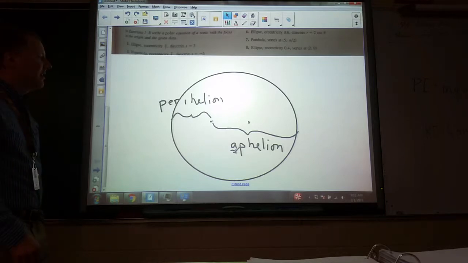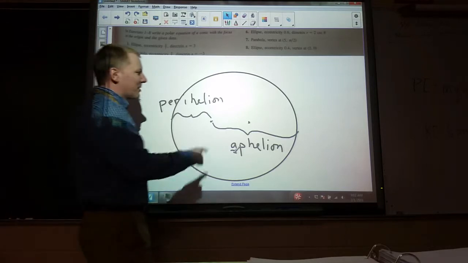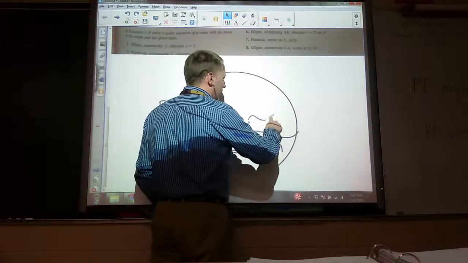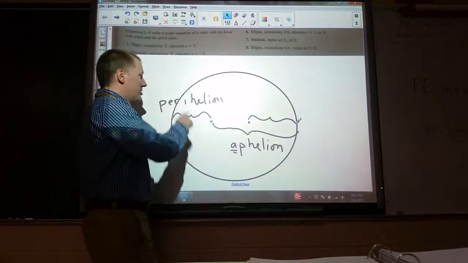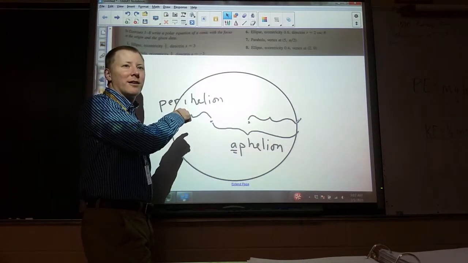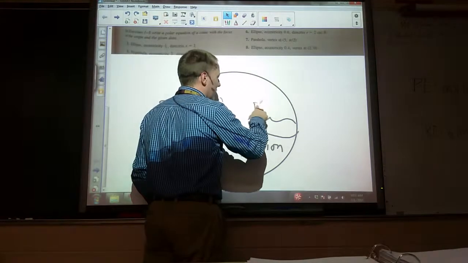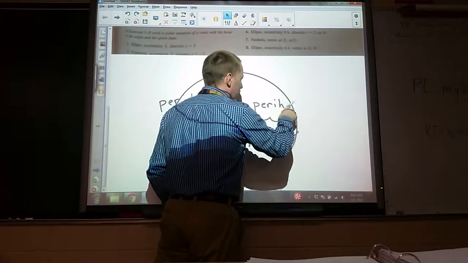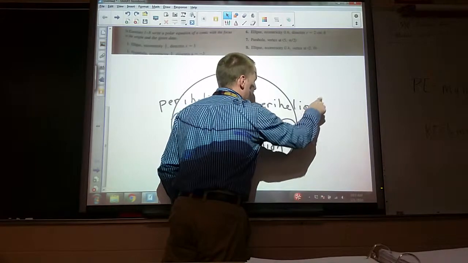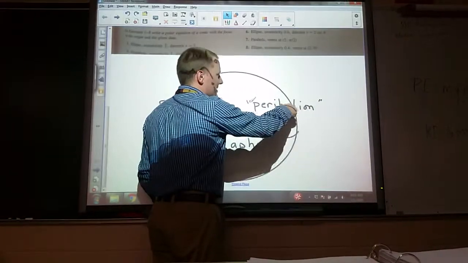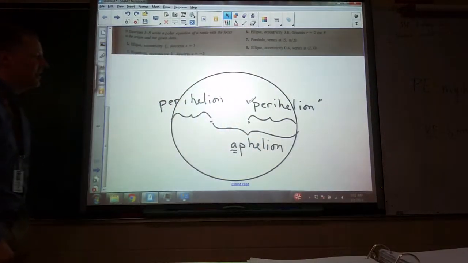If we look at this, the distance between the Earth and that focus should also be the same distance as the perihelion, even though it's not technically the perihelion because it's not related to the sun, which is where we get the helion.